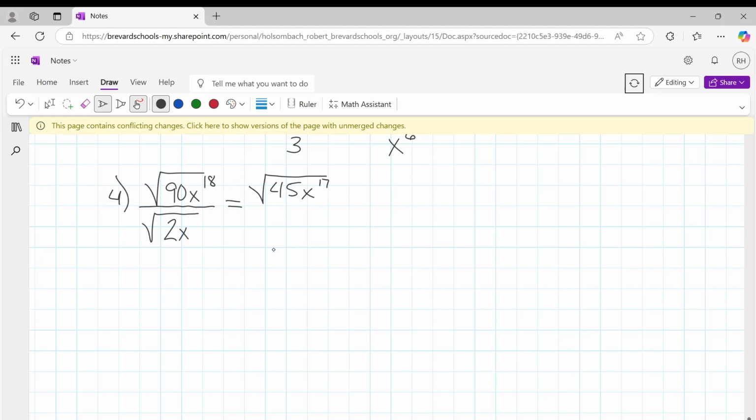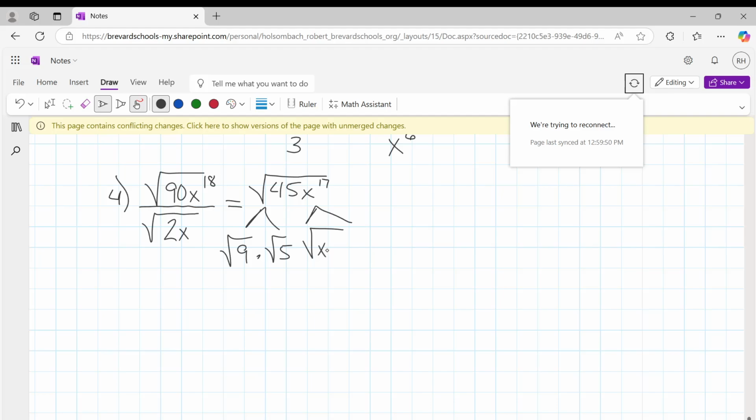We can break those both apart. The square root of 45 is equal to the square root of 9 times the square root of 5. X to the 17th is equal to the square root of x to the 16th times the square root of x to the first, but we don't write the 1.